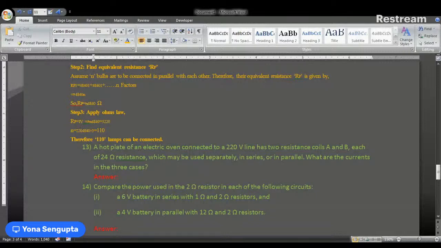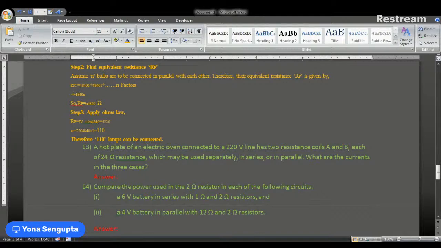What are the currents in these three cases? Okay, here also we have to use the concept of Ohm's law and equivalent resistance, which will help us.